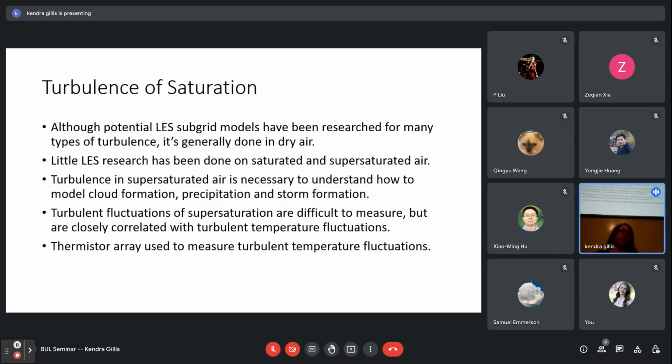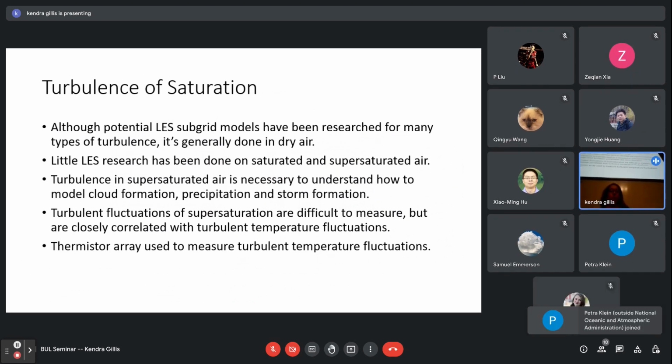So this is the testing we were doing: we were interested in the turbulence of saturation. Although potential LES subgrid models have been researched for many types of turbulence, it generally is done in dry air. Humidity just adds another complication that most people don't want to have to worry about. And so because of that, little LES research has been done on saturated or supersaturated air.